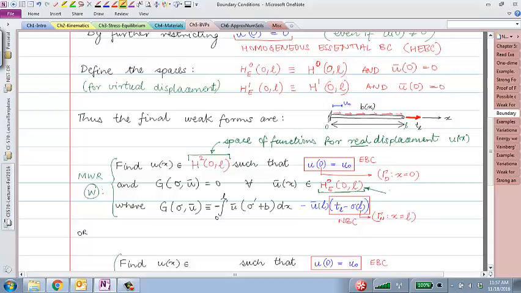This is the space of functions for virtual displacement function u bar of x.